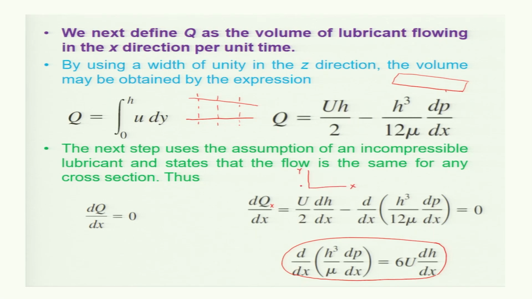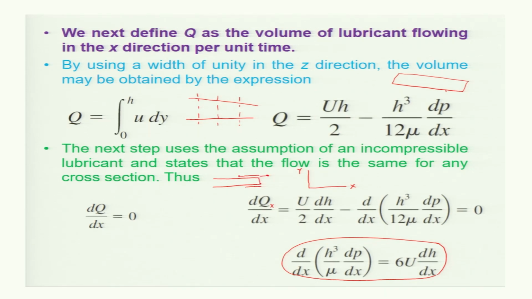We have not considered the flow in the direction of z, that means along the axial direction. We know that the shaft will be something like this, and here is the bearing. The bearing is open from its edges, so there will be flow along this direction, and that is called the leakage.